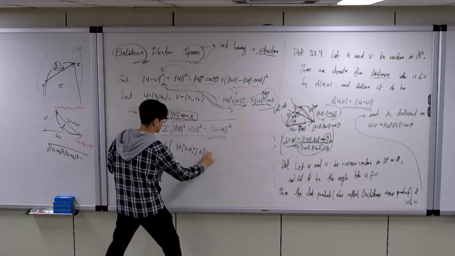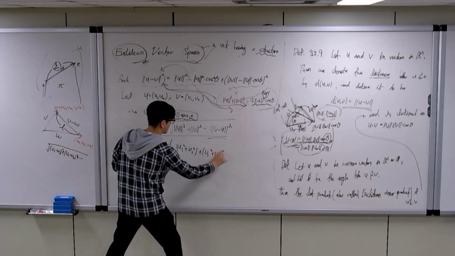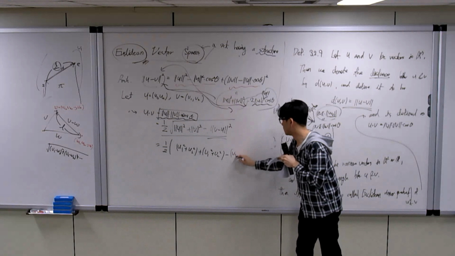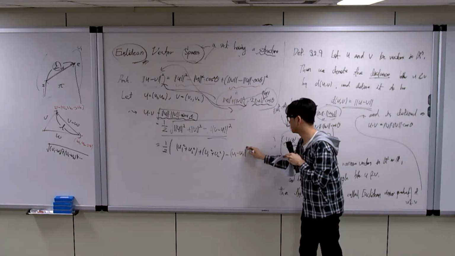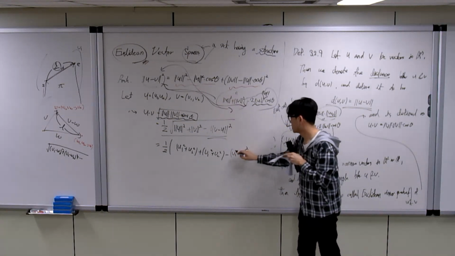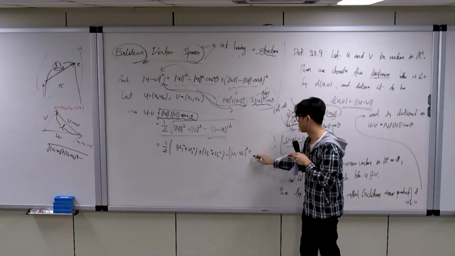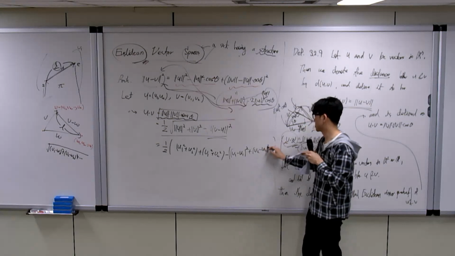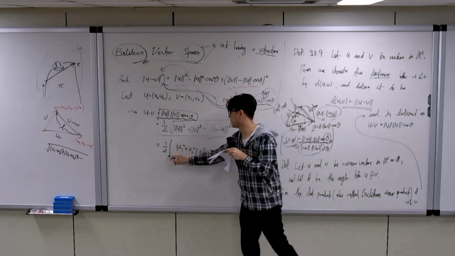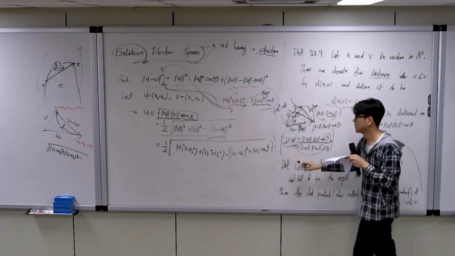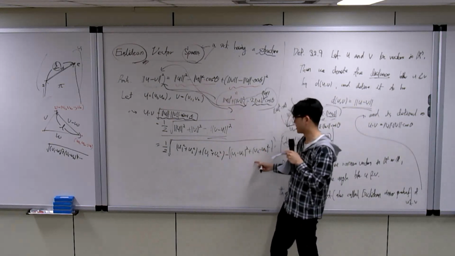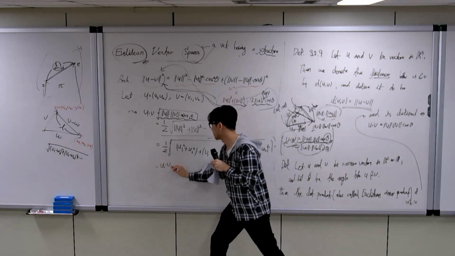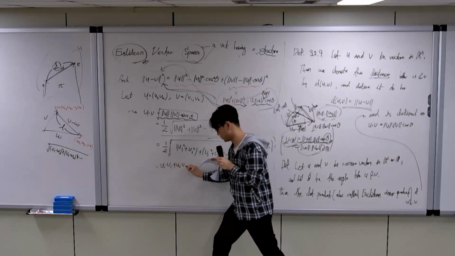Plus v1 square plus v2 square minus v1 minus u1 square plus v2 minus u2 square. And by calculating this, you can get u1 v1 plus u2 v2.